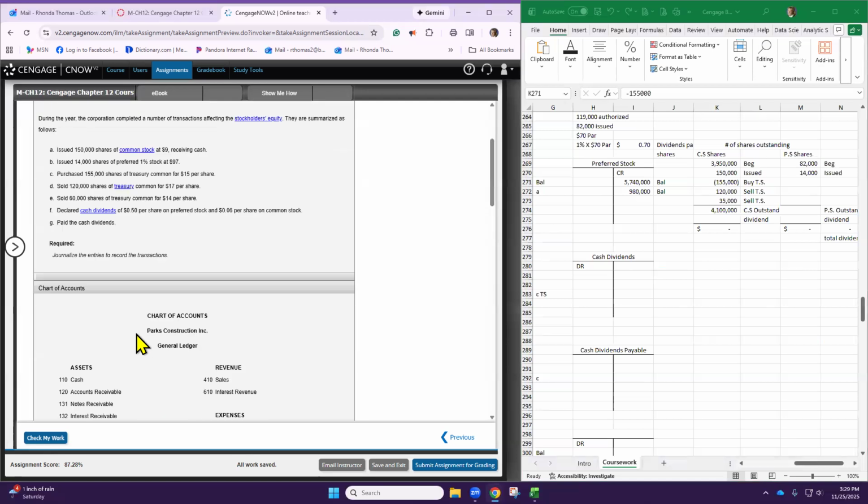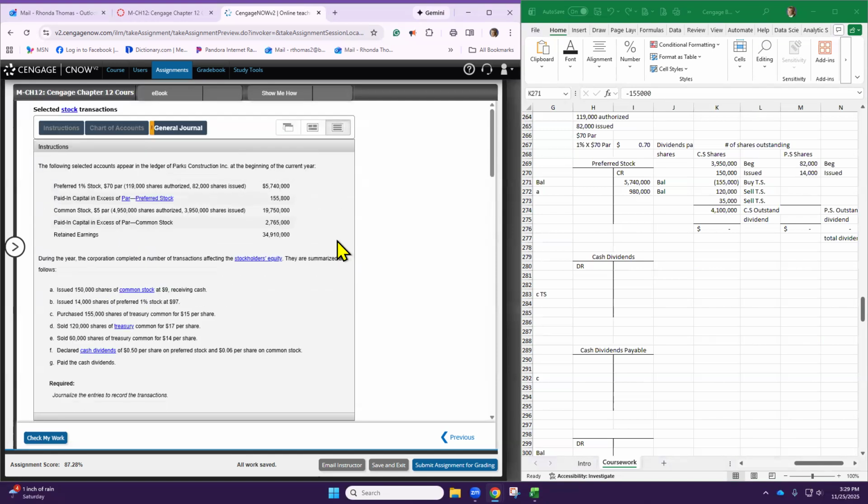Okay, so then it says declared cash dividend of 50 cents for a preferred share, which I thought was supposed to be one times. I thought it was supposed to be, well, I think they forgot. Oh my goodness. Okay, 50 cents a share.